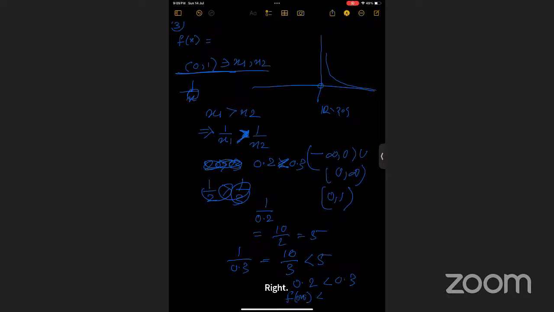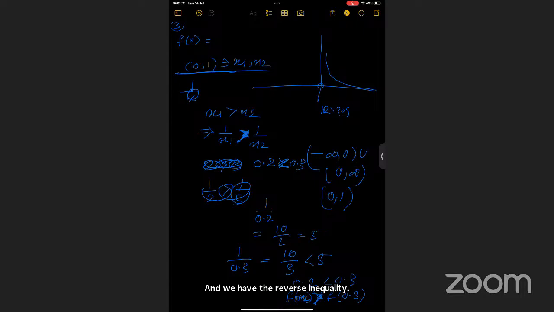F of 0. No. But at this point, this is like that, right? F of F of 0.2. Oh, no. We have the reverse inequality.